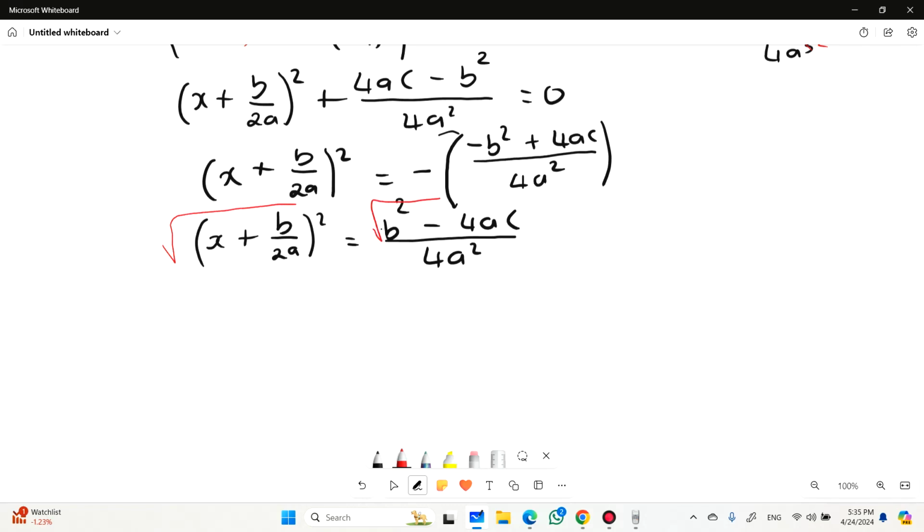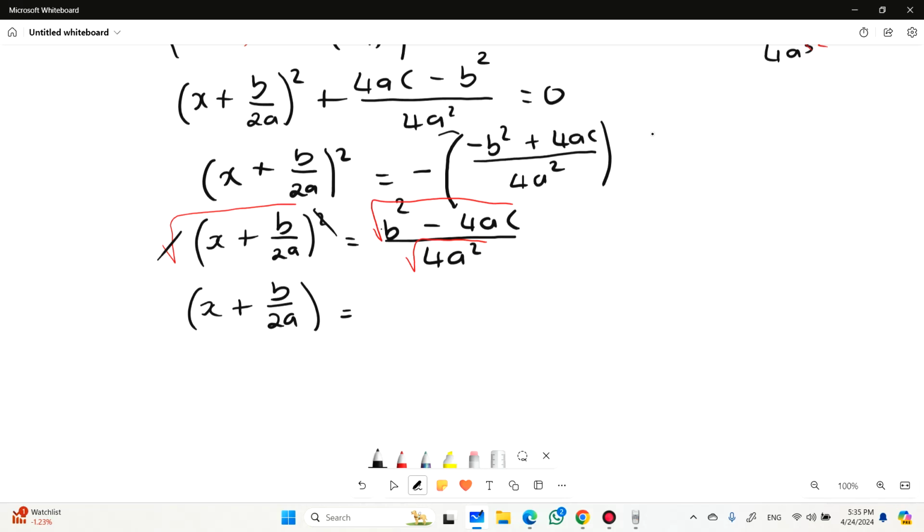So in this case I'm square rooting the denominator and the numerator, right? So in this case I notice that the square root will move with the square, right? And hence I'll have x plus b over 2a, which is equal to, in that case, the top part.